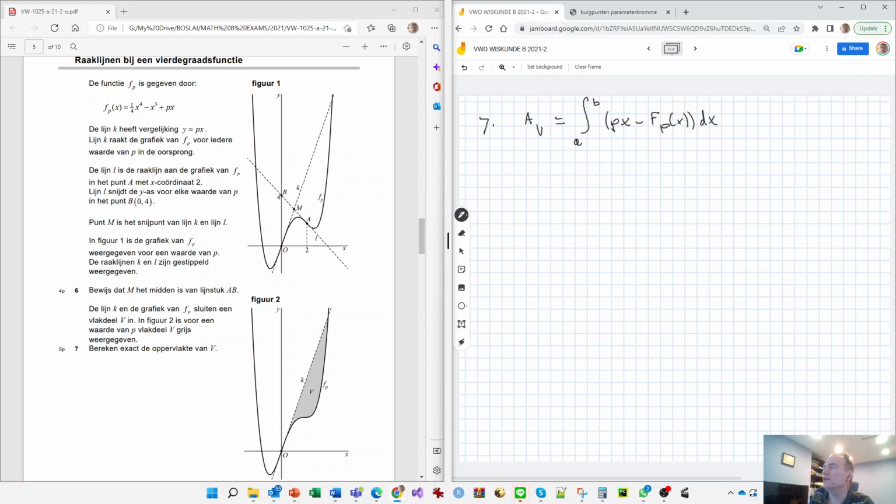This is what they're asking. So let's find this a and b.